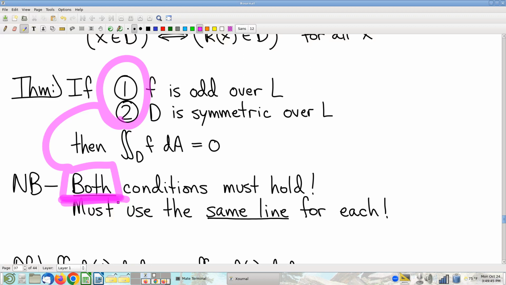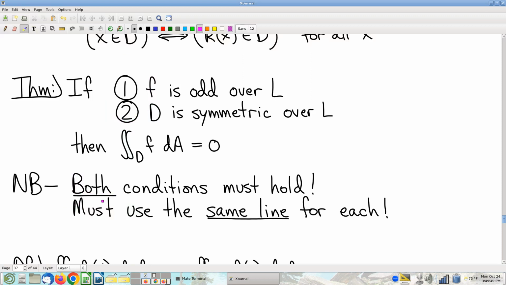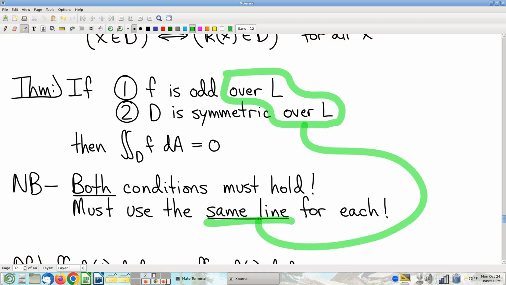So that's a dangerous thing. Make sure that you check both conditions. And I have a more precise list of requirements that's coming up. Furthermore, make sure you're using the same line. It's got to be the same line for both. Right? Makes sense. I mean, you'll see why in the picture in a minute, but the idea of a reflection necessary to define both of these has to be the same reflection. Okay.